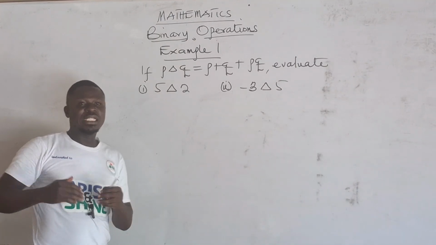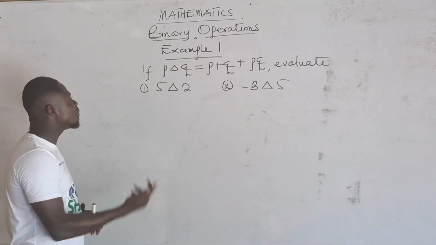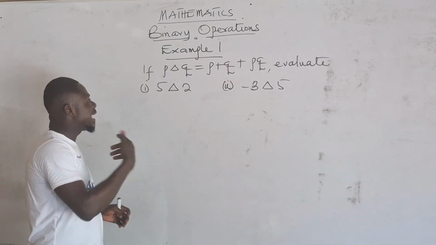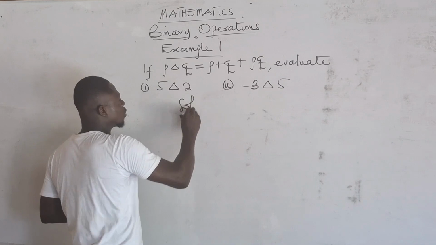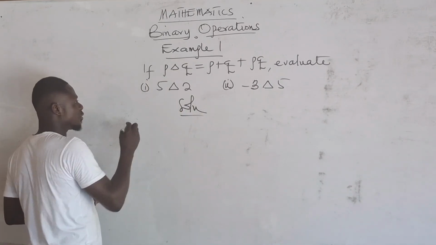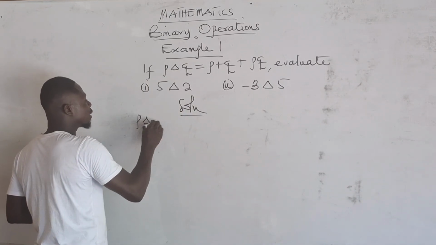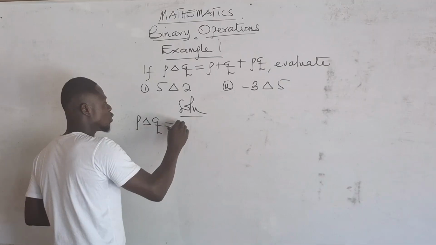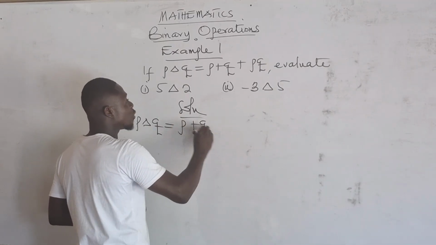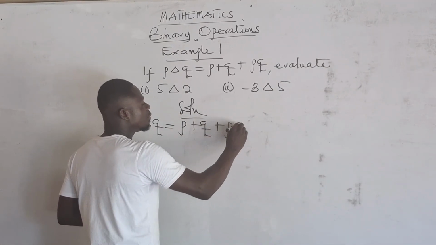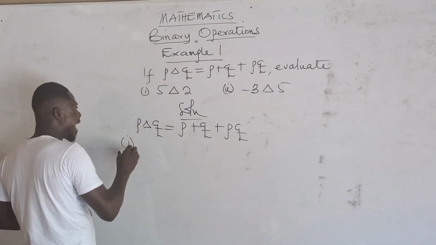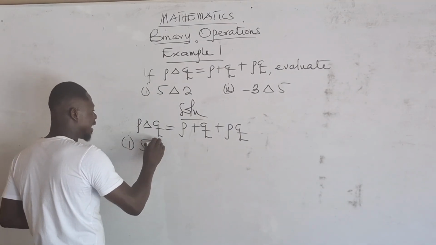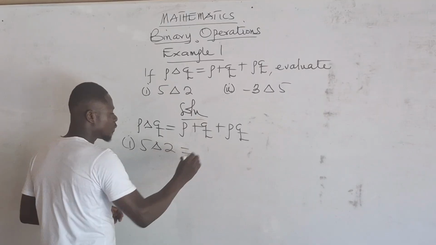In this case, we are going to look at how to combine two elements to produce another element. So let's look at the first example. We have P delta Q is equal to P plus Q plus PQ. So let's consider the I. The I is 5 delta 2.